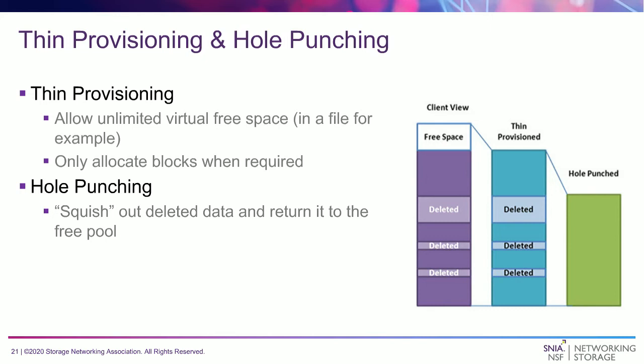Alternatively, you can use it for compaction space. So you could actually use the holes in that file to compact other smaller files into, should you so wish. Because these virtualized file systems just use pointers to blocks, all these kind of things are eminently possible. So thin provisioning and hole punching, again, 2 techniques you can use to reduce the amount of data that you need to store.